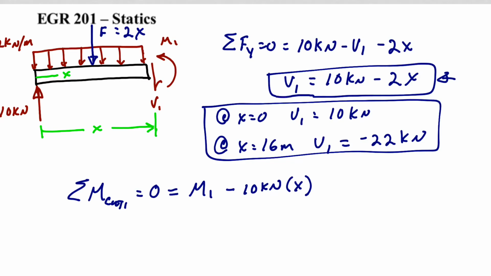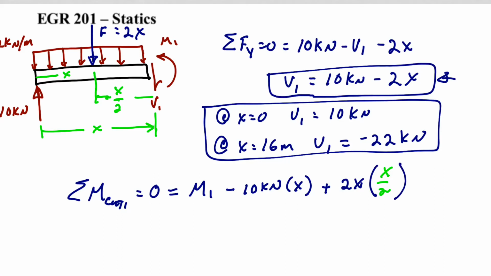And then we have our load F2, which is plus 2x is the load, and the moment arm is this distance here, and that distance we need to determine. And if you think about it, that distance for this centroid, right, this load is at the centroid, is x over 2. It's always half that overall distance. So this becomes our x over 2.